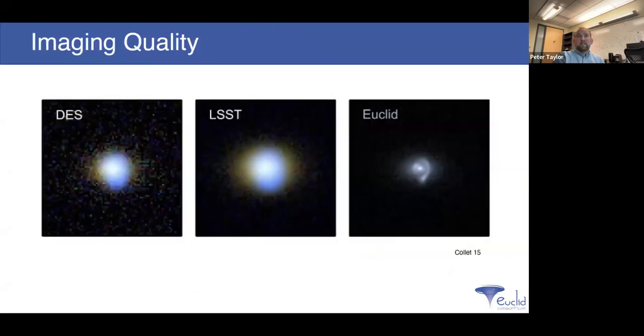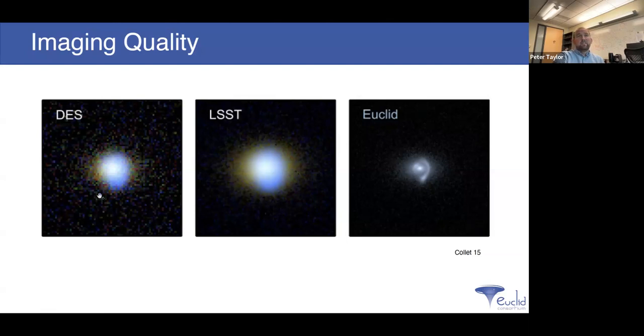So another advantage of being in space is just our imaging quality is fantastic. Of course, the original motivation here is to do really precise and accurate weak lensing shape measurements, but there's many other things you could imagine doing with this really small PSF as well. So what I'm showing here is some simulated images of the same strong lensing system.